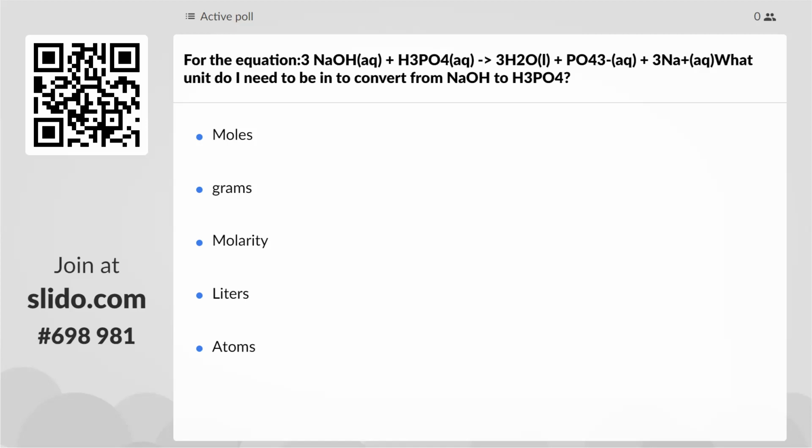We did mention this a couple of times already in class: in an equation, if you want to convert from one molecule to another, the only unit that can do that is moles. So when you're converting from one unit to another in an equation, make sure you are in moles and moles only.